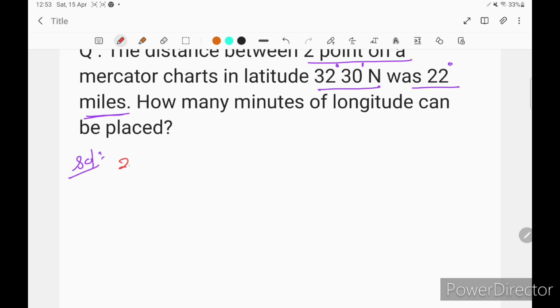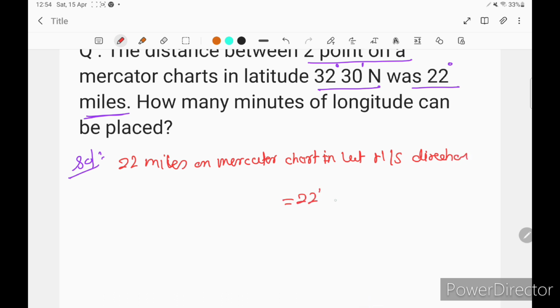Okay, so 22 miles on a Mercator chart, in latitude, either it is north or south direction. 22 miles is equal to 22 minutes of latitude. Is that correct?